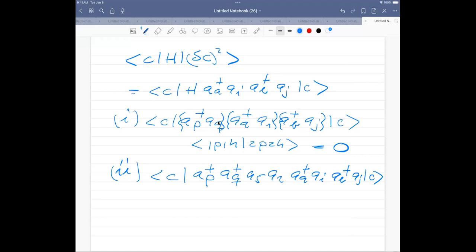So what we can do now is simply repeat this kind of exercise which we've been doing. So we would have this one which contracts with that one. And then we can contract AS with A. Let me just take that one away.